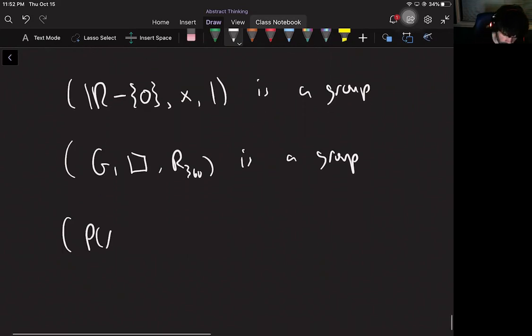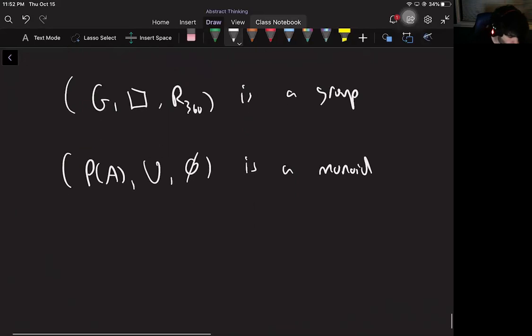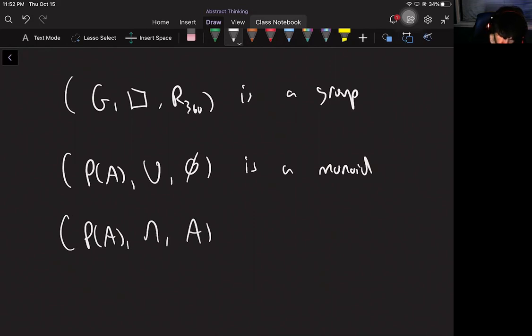The power set, remember that one did not have inverses, but it did have the empty set as the identity element, so it is a monoid. The operation was associative. Another example, if you want to go figure it out real quick, I'm not going to do it in detail, is this. If I use intersection instead, still just a monoid, not a group.